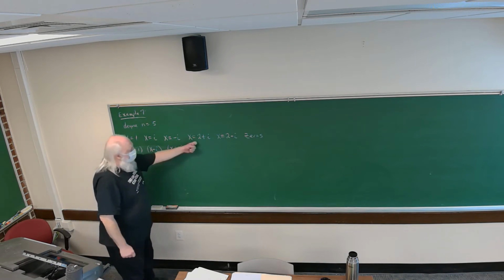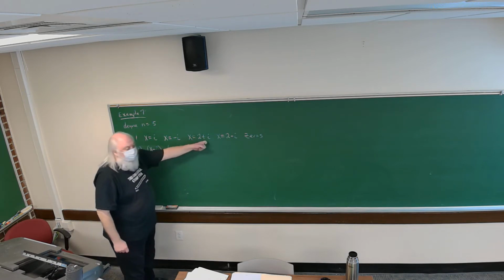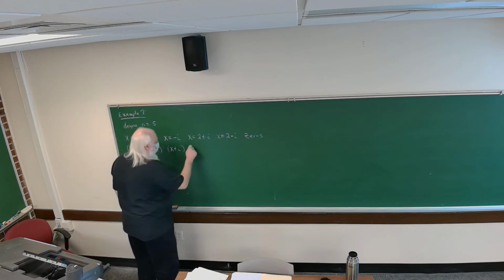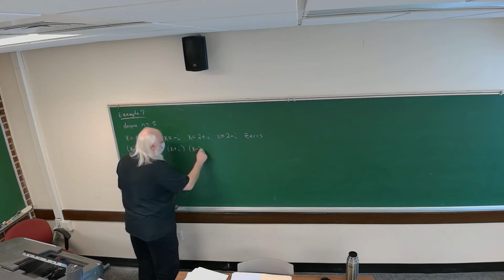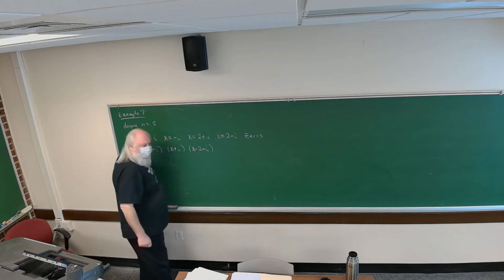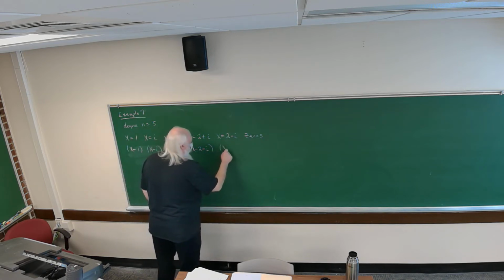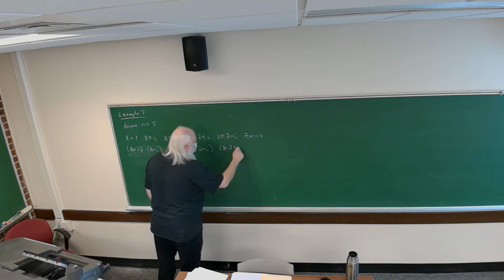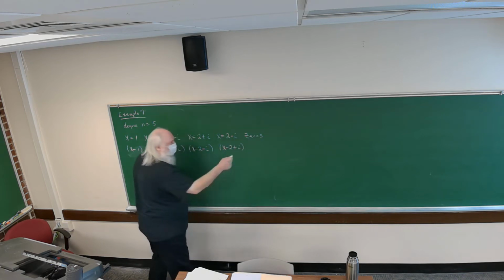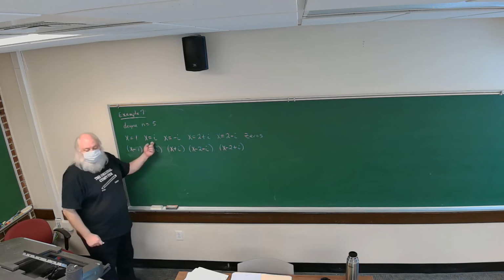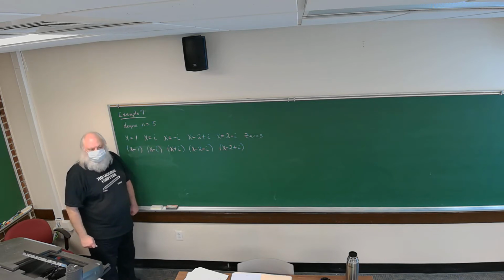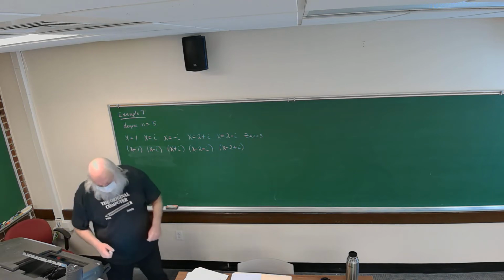And now over here, right, you subtract 2 and subtract i from both sides. And we get x minus 2 minus i is a factor. And here we subtract 2 and add i to both sides. We get x minus 2 plus i is a factor. Okay? So given we know the zeros, we know the factors from the factor theorem.